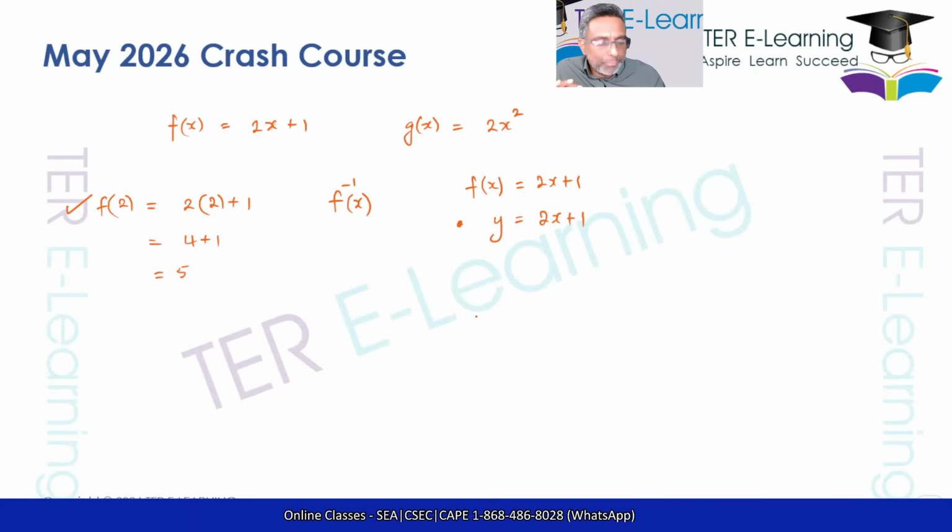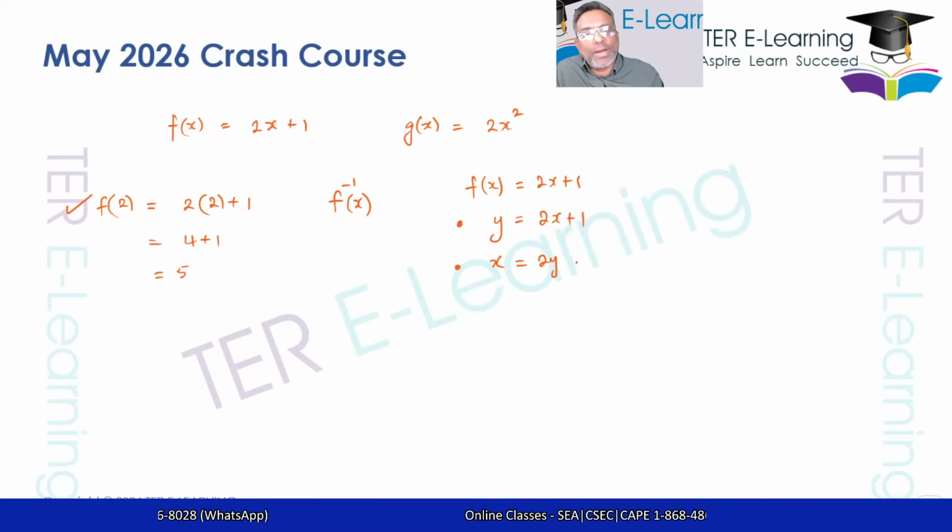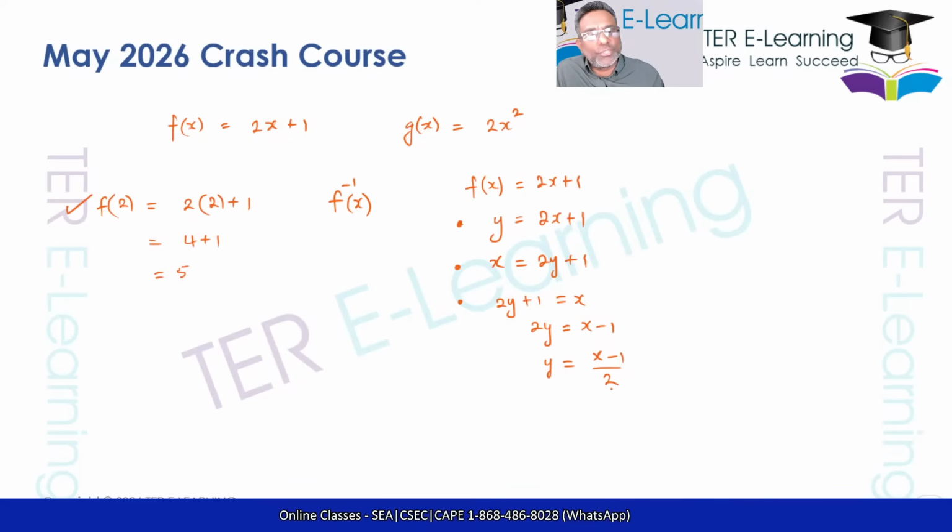The second step is to interchange x and y. So this becomes x is equal to 2y plus 1. The third step is to make y the subject of the formula. So I will write 2y plus 1 is equal to x, and therefore 2y is equal to x minus 1, and therefore y is equal to x minus 1 all over 2.